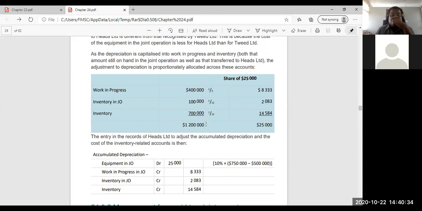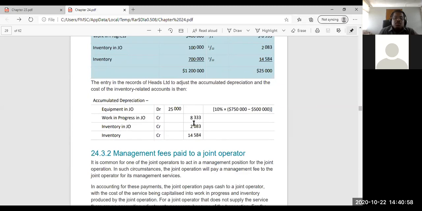That is how you get the 1200. So 1200 into 400, one-third. 100 divided by 1200, 700 divided by 1200. So the 25,000 has been divided proportionately. Then the entry would be: debit equipment in JO 25,000, credit work in progress JO 800, inventory in JO.